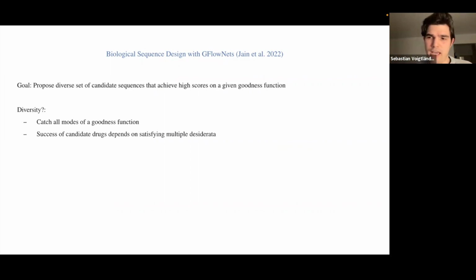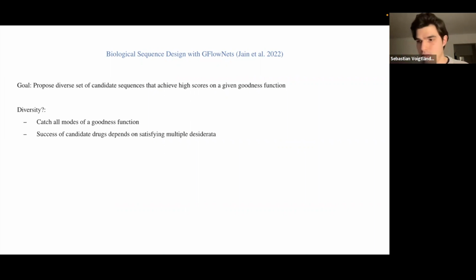So if you don't have a model of the biological processes and the interactions that go on during these post in silico design trial phases, you will want to propose a maximally diverse set of candidates that achieve high scores in the given goodness function that you are interested in.